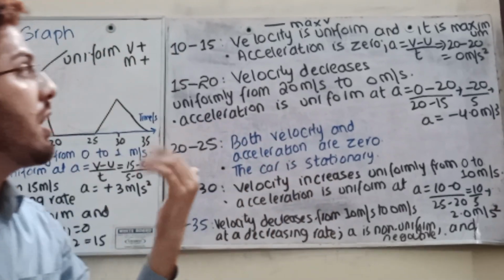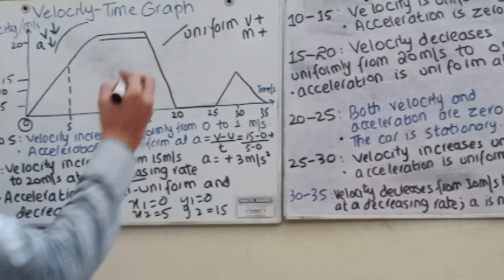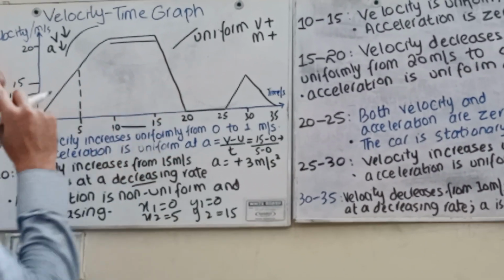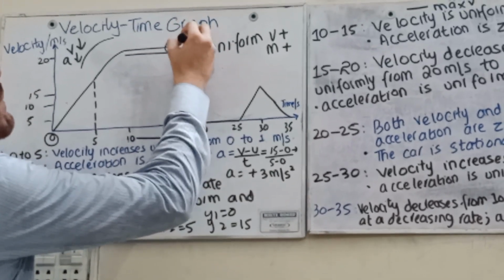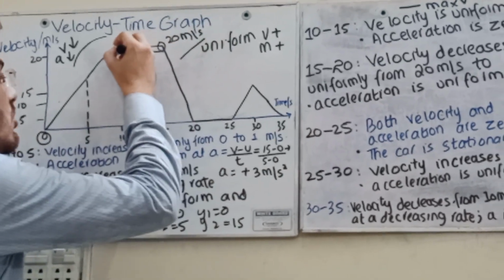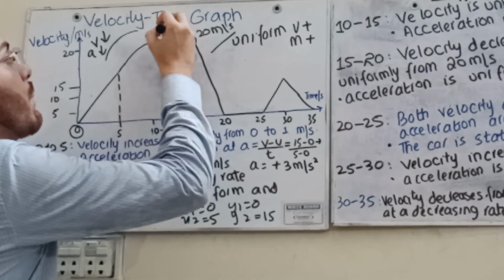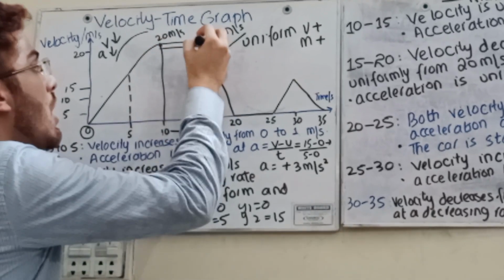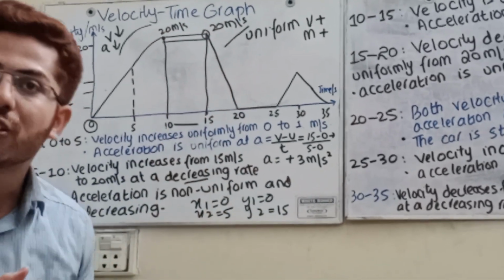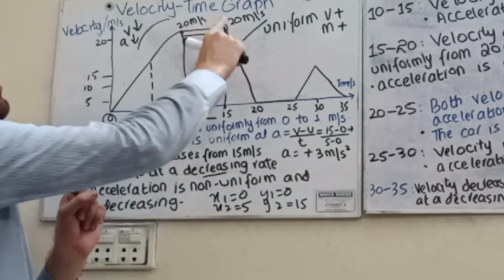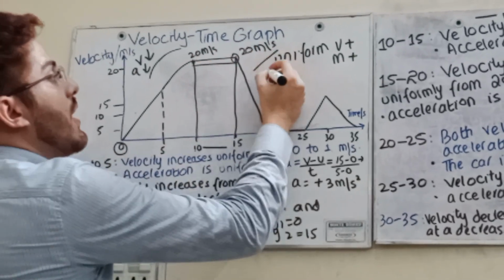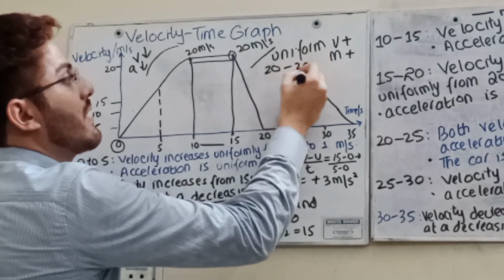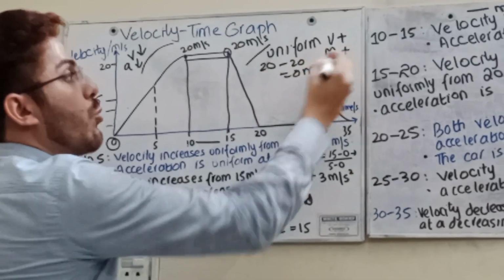Let's see, student, from 10 to 15, remember one thing, here it is 20 meter per second. At this point also 20 meter per second. It means that no velocity has been changed. Let's see, final 20 minus 20, I will definitely get the answer 0 meter per second square.